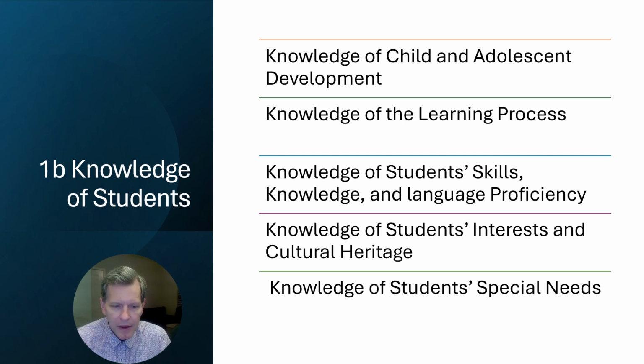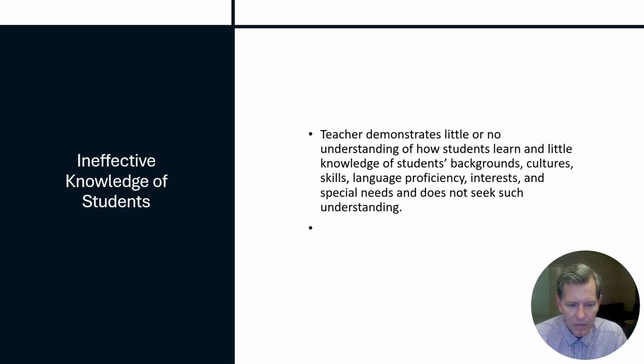Strand 1B for the Danielson framework deals with knowledge of students. Ineffective teachers will demonstrate little to no understanding of how students learn in terms of the neuroscience and cognitive science of how students learn, as well as developmental ways in which students learn.